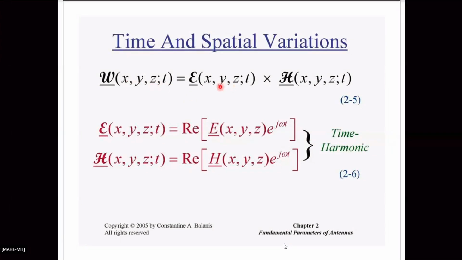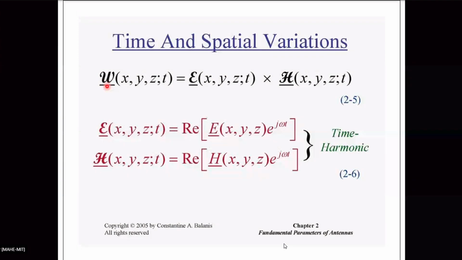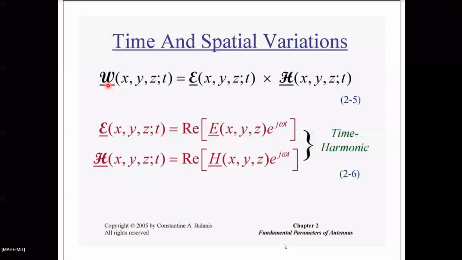So it is E of x, y, z, t and H of x, y, z, t. Now what is this small w? Small w is instantaneous power density. You can understand that, power density is power per unit area.